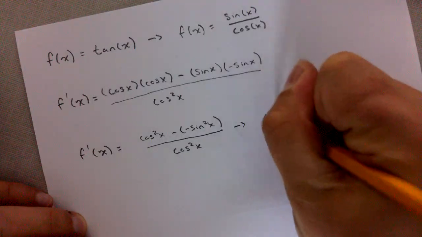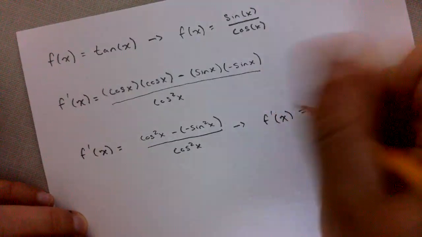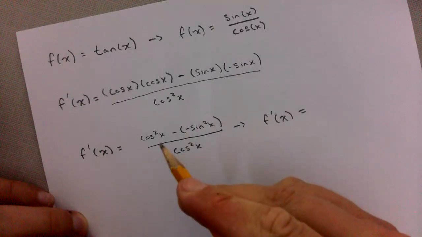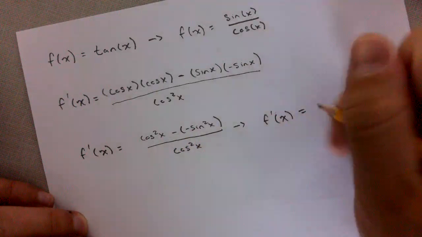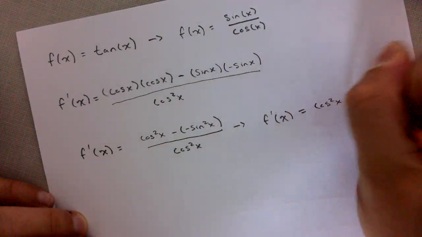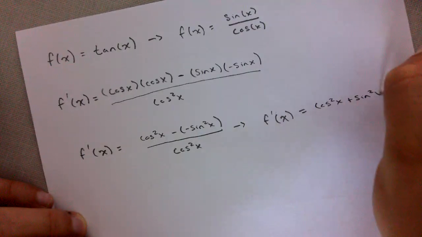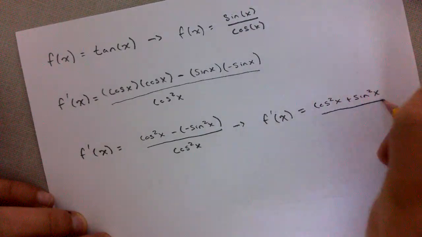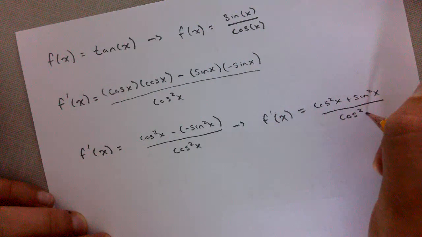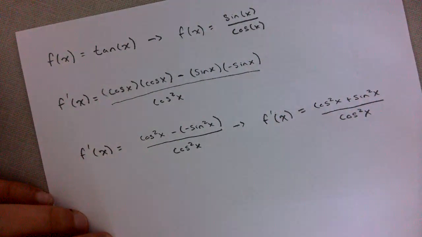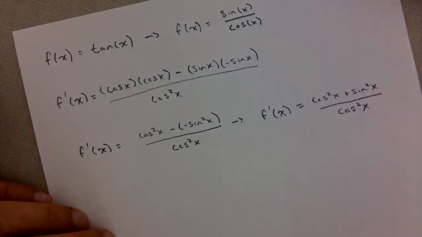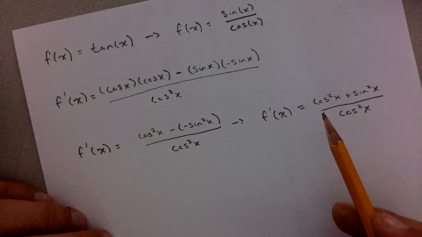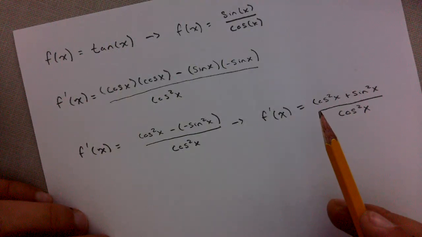So f prime of x is equal to, so cosine squared minus a negative sign, we can just say cosine squared x plus sine squared x, all over cosine squared x. So here in the numerator, we can see cosine squared x plus sine squared x. That's the Pythagorean identity.